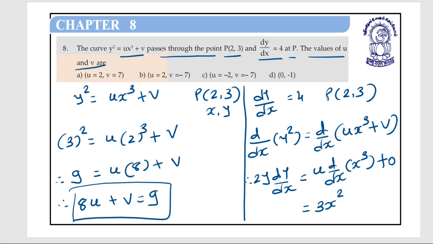So 3x square u. 2y dy by dx is equal to 3x square u.